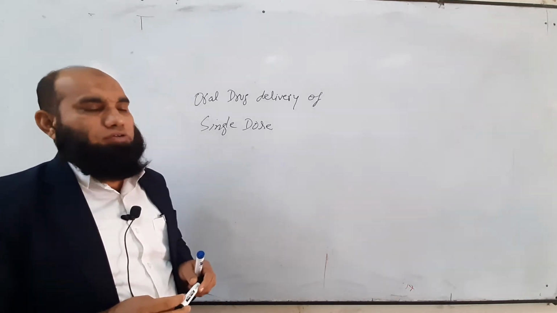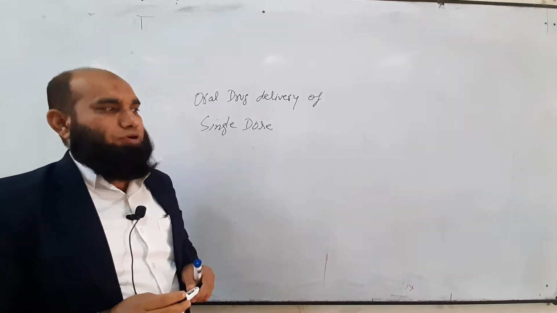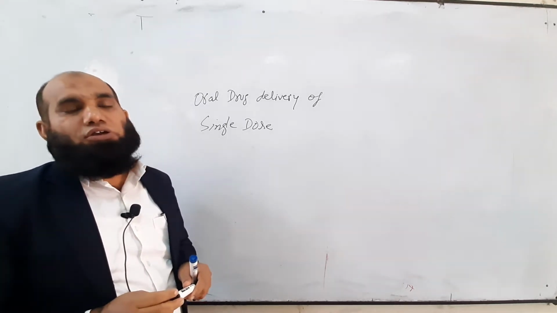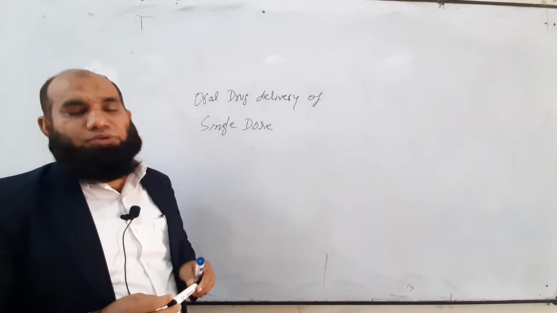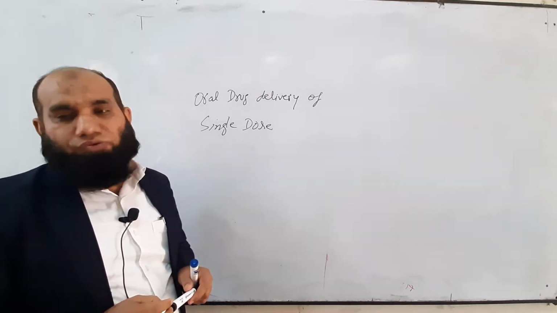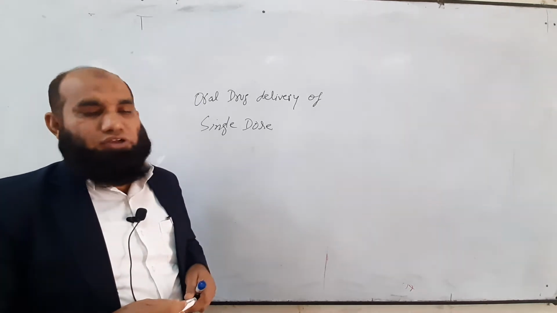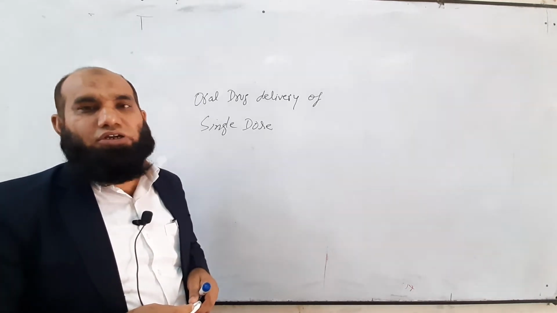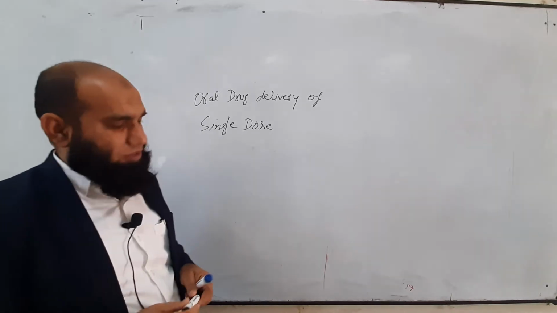We calculated some important parameters, the absorption rate constant and elimination rate constant, and then we moved towards their calculation by the graphical method and then by the Wagner-Nelson method.